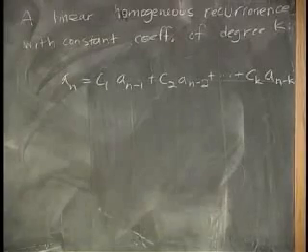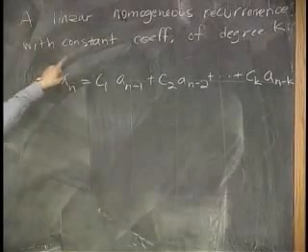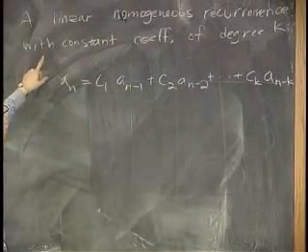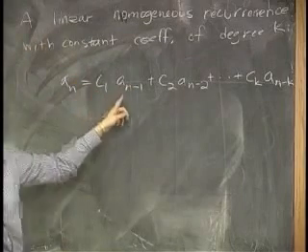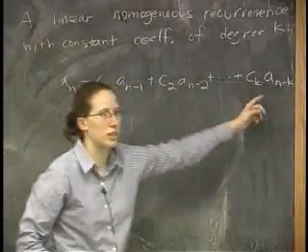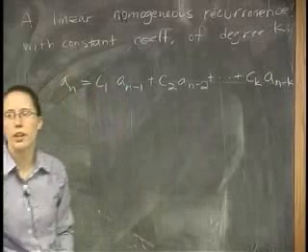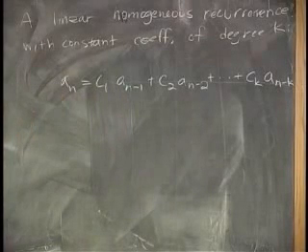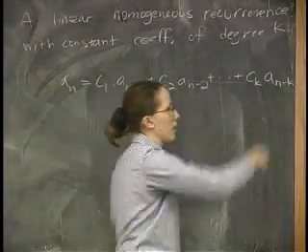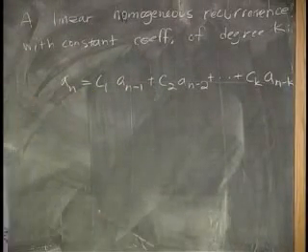And in this case, the ci's are constants. That's where constant coefficients comes from. It's linear because everything's linear in the previous terms. There's no an squared or anything like that. And it's homogeneous. That means that there's no plus 2 out at the front or anything like that.